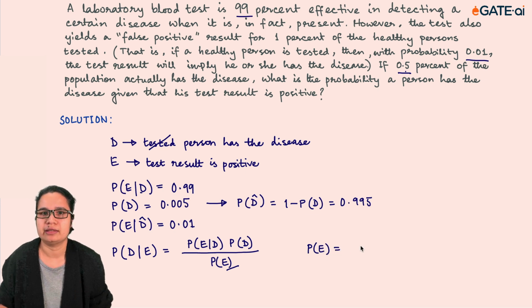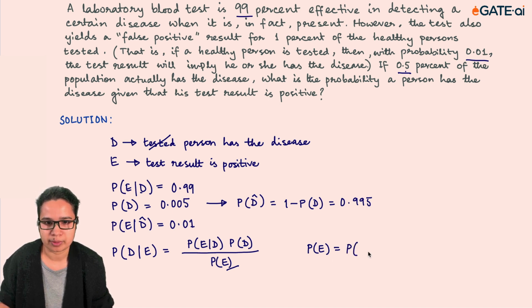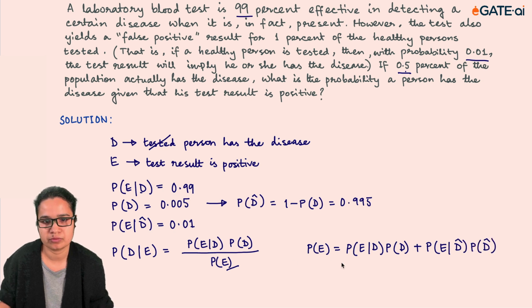To do that, we can again use the conditional probability with the total probability formula, right? So using conditional probability, we can calculate the total probability. So that's probability of E given D multiplied by probability of D plus probability of E given D naught multiplied by probability of D naught, right?